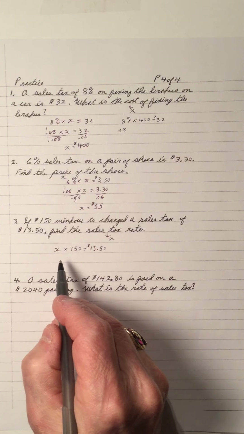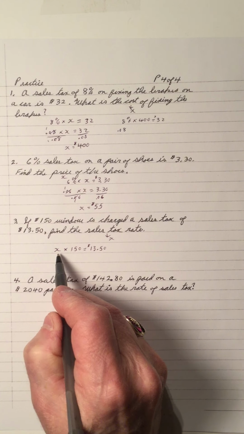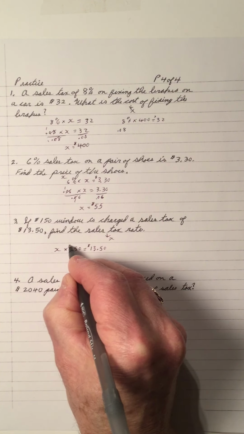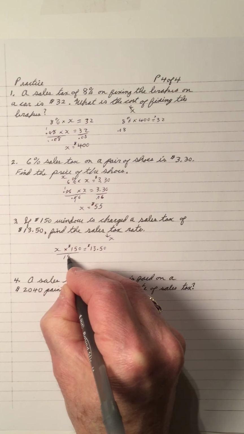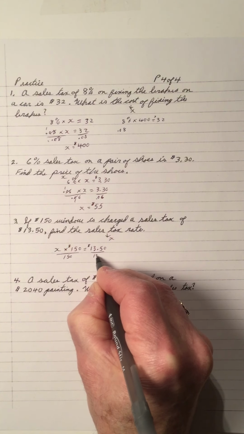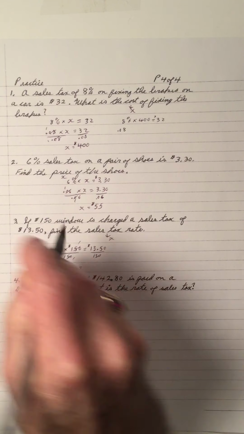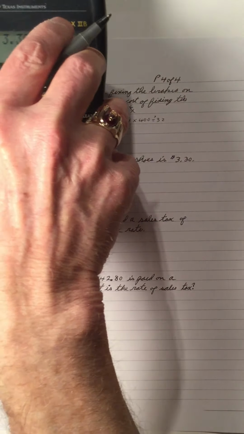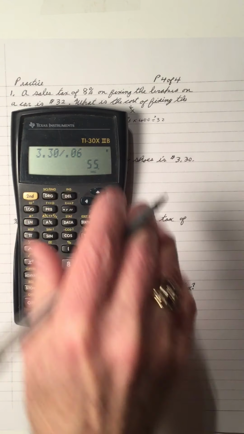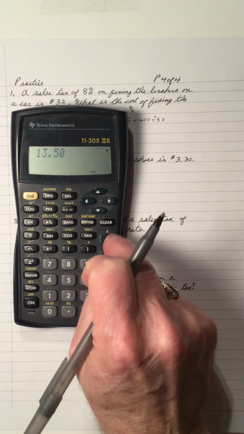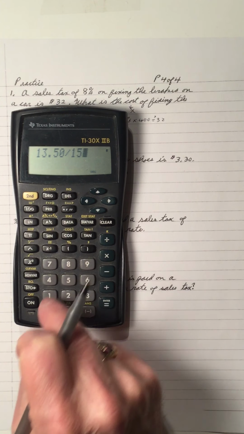So when we work this out, what percent of 150 is 13.50? So that's $150. So we divide by 150 on both sides, and they cancel out. I get X is equal to 13.50 divided by 150. So 13.50 divided by 150.